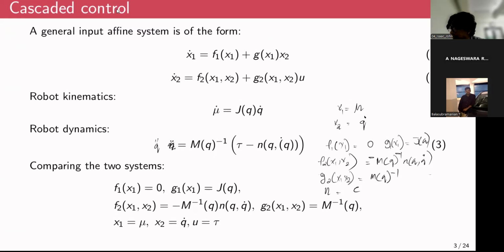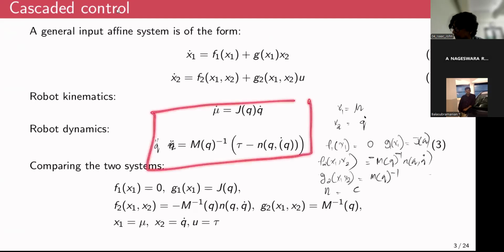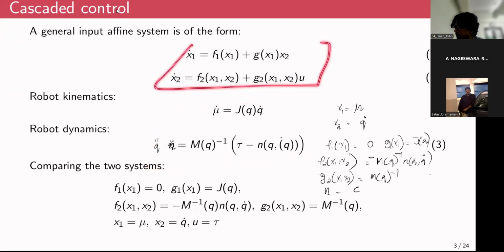So you can essentially represent the robotic system in this input affine form.